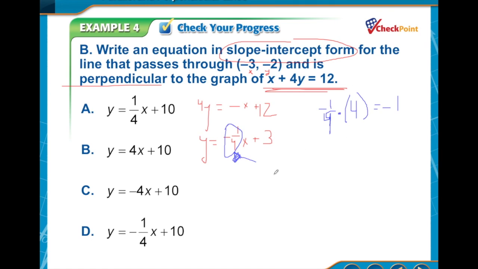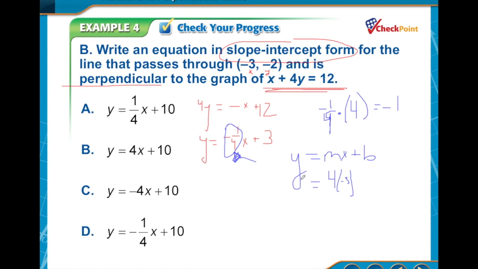So we have a line with a slope of 4, and it goes through this point. So what is my equation going to be? Well, if I use y equals mx plus b form, I know m is going to be 4. That's the slope I have. My x is a negative 3, taken from the point.